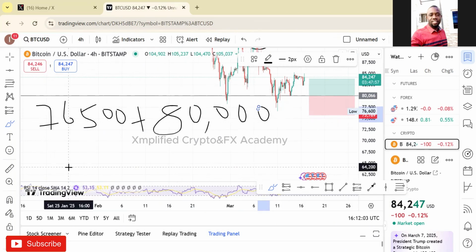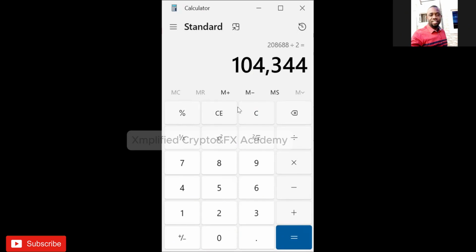All right. 76.5 plus $80,000 all over two. Check the average. Let me share my calculator, please. Okay, so let's 76.5 plus $80,000 all over two.